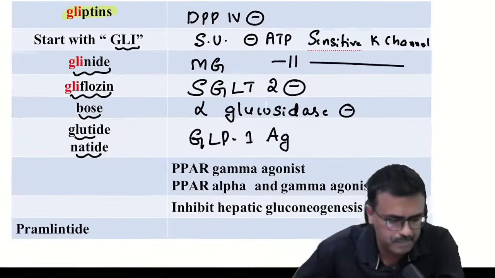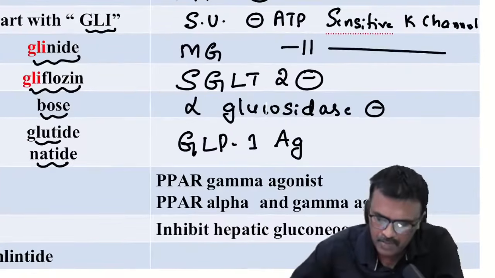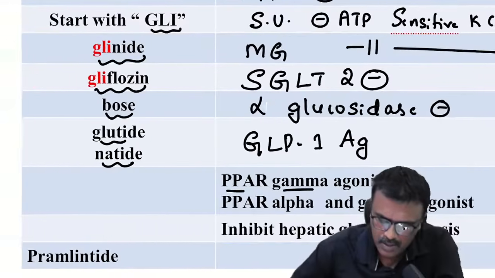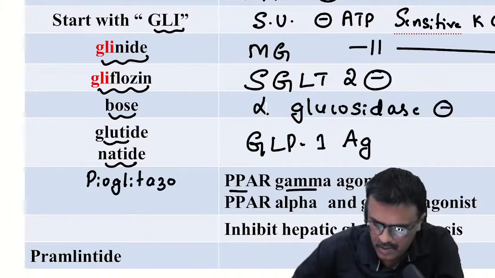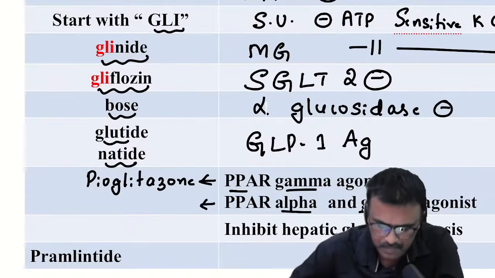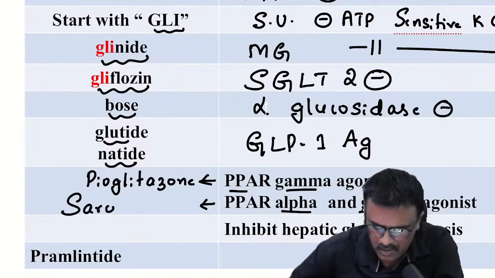We know it. Now, what is a PPAR gamma agonist? PPAR gamma agonist is pioglitazone. So we have a new drug which is a PPAR alpha and gamma agonist. The name is saroglitazar.